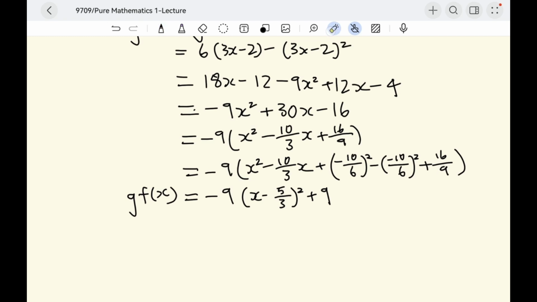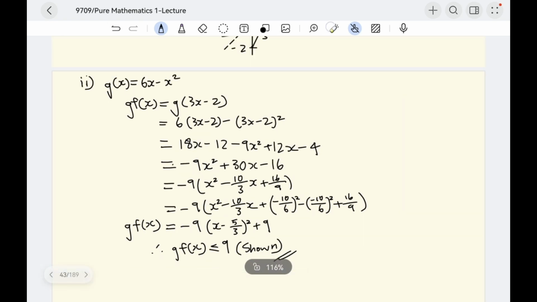So take a look over here. Okay, so now we can state the range of g(f(x)), which is, since the coefficient of x squared is negative, therefore it has a maximum value which is until 9 only. Alright, therefore shown. Okay, so you need to find out g(f(x)). Next, you convert into vertex form to show that you have successfully worked out that g(f(x)) has a maximum value of 9. Okay?